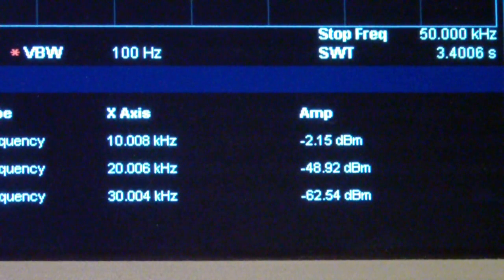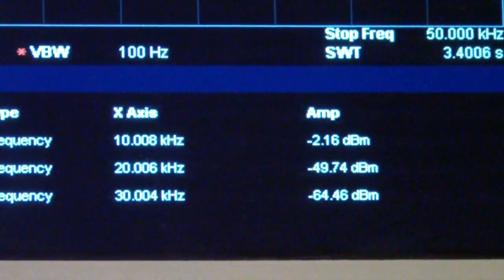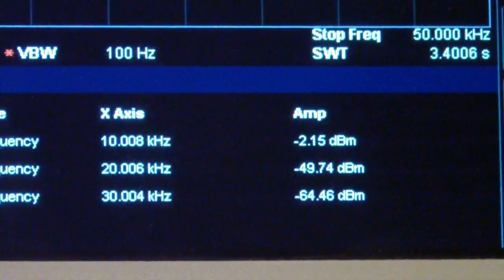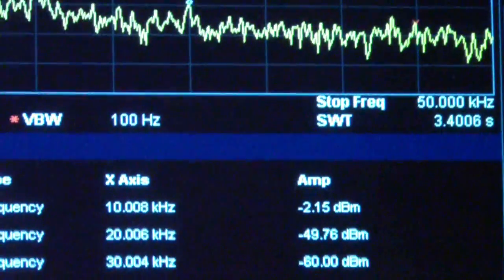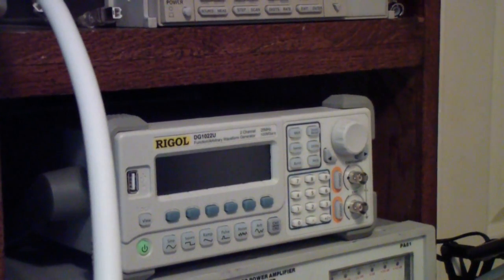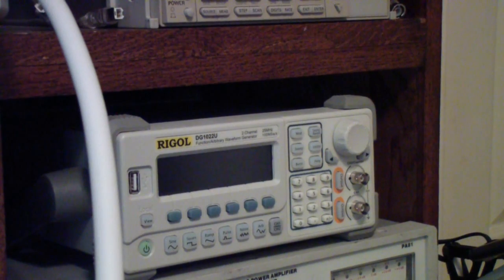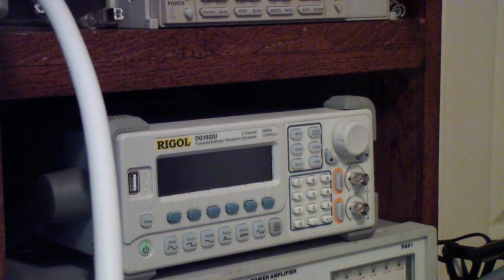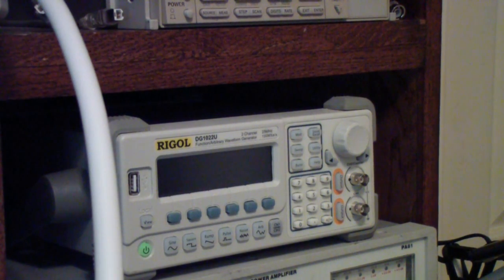So the last thing I'm going to do is compare the Analog Discovery and the Siglent in terms of their harmonic content to this generator here, and then I'm going to measure the total harmonic distortion and the THD plus noise using the Keithley on this Rigol as well as the Siglent that you just saw.